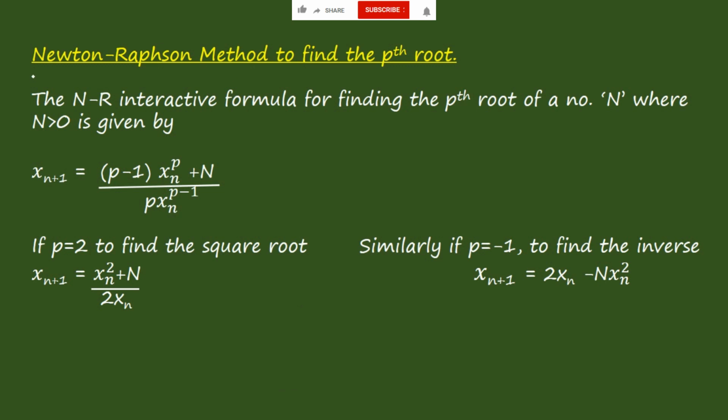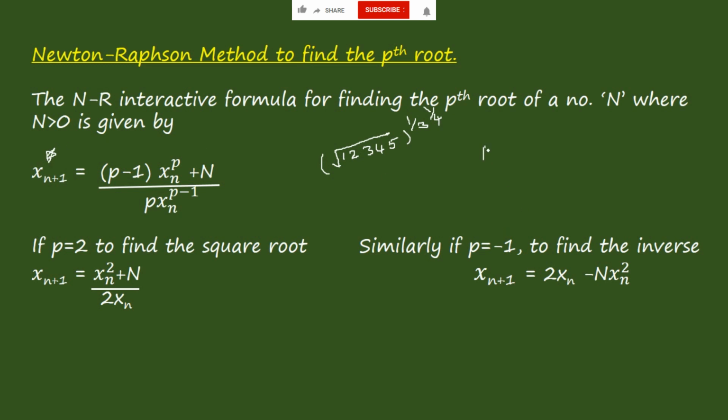Now coming to Newton-Raphson method to find the pth root of a number. Assume that you have a number like 1, 2, 3, 4 and 5. If you want to find the square root of a number, or 1/3 of a number or 1/4 of a number, then we'll be using this particular formula to find the root of a number.